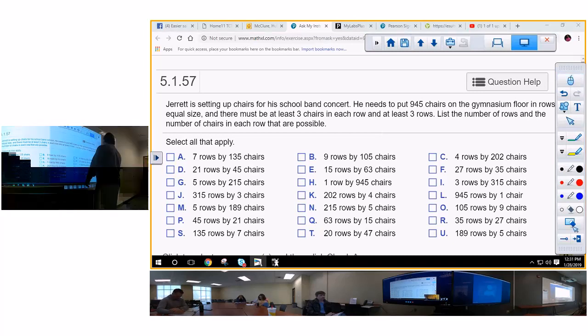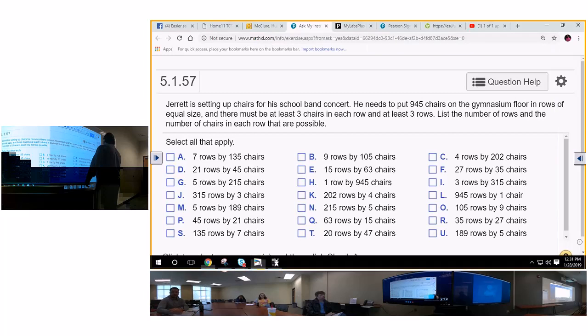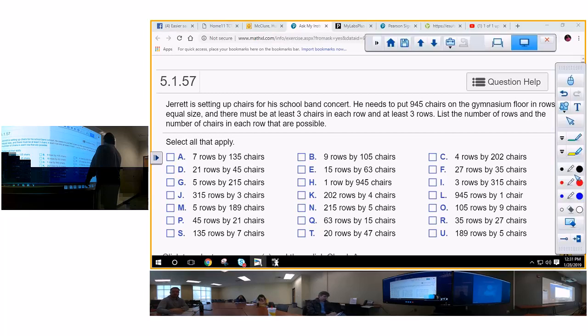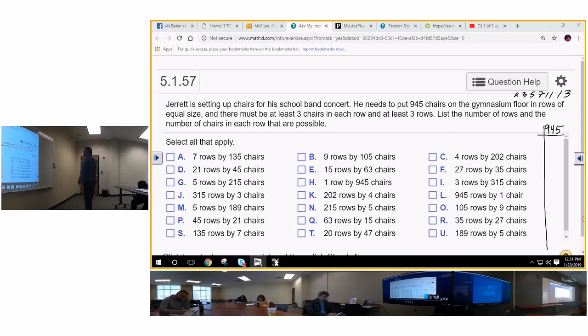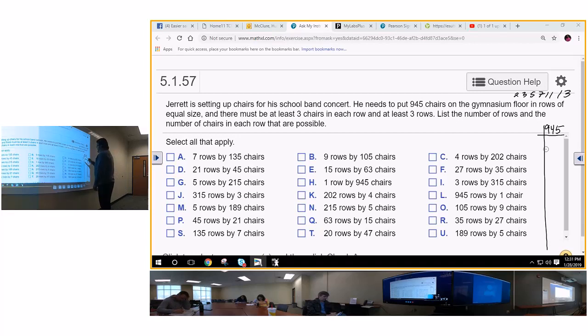I'm going to go over here and do 945. I want to write small. 2, 3, 5, 7, 11, sometimes 13. Of course, 5 will go in there because it ends in 5, so I'm going to just start with 5. 5 will go into 9 one time, that'll leave 4, and 5 goes into 45 nine times.